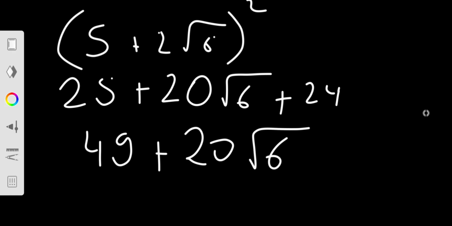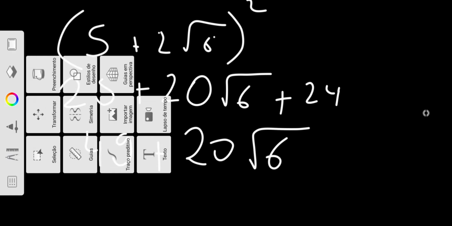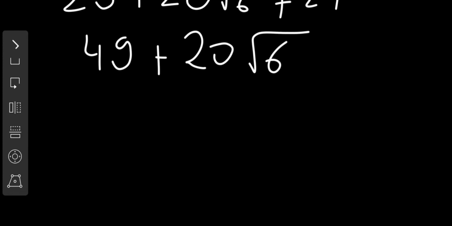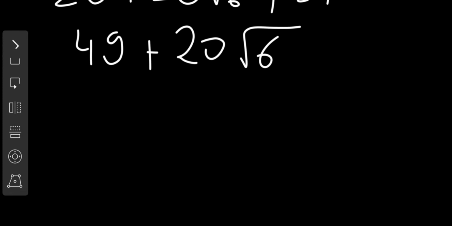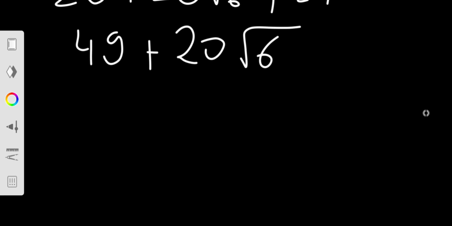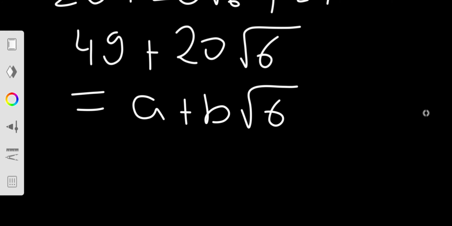Now I don't know if you forgot the question, but I think I can get the question again, but I don't think I need to. You probably have it, right? Or go back in the video. So he was telling us that this is equal to a plus b square root of 6.